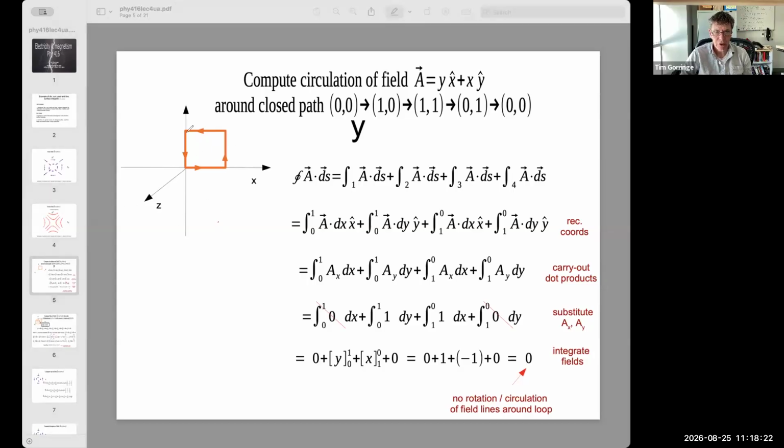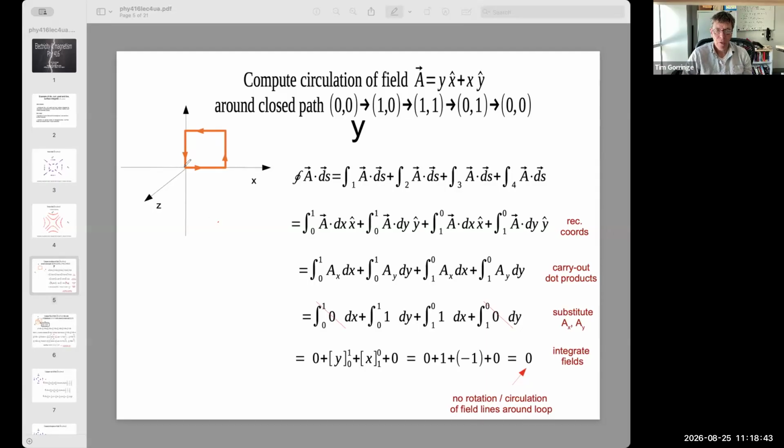If we look at this loop, I positioned it on the coordinate axes. The x-axis is running to the right here. The y-axis is running vertically here, and the z-axis is out of the screen here. This is a right-handed coordinate system.